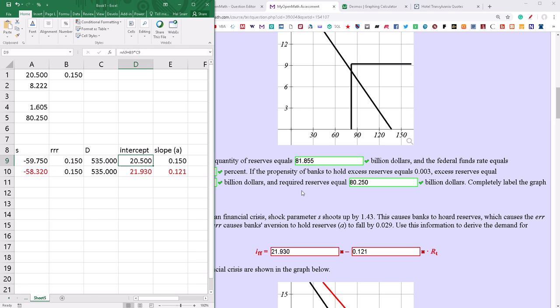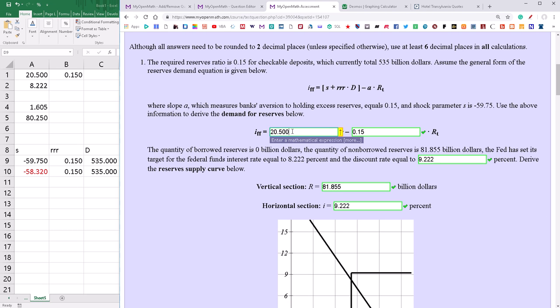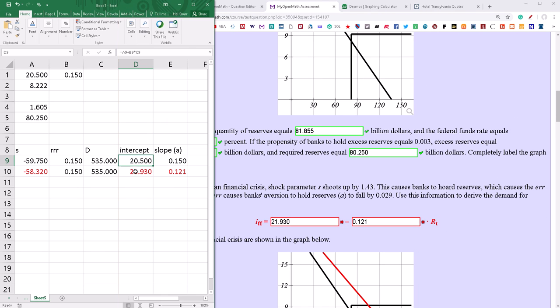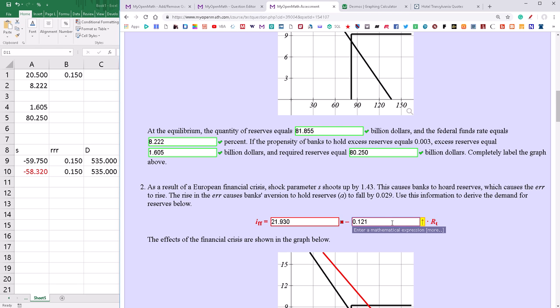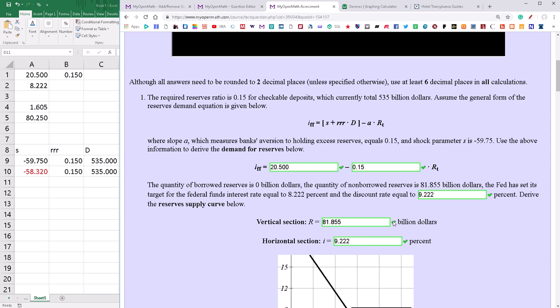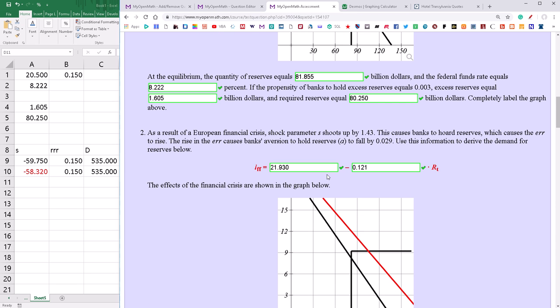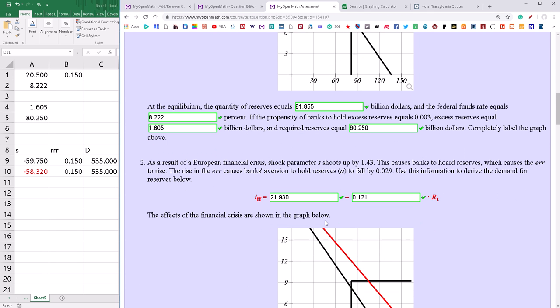So the original intercept is 20.50, right? The new intercept, with this new shock parameter, is 21.930. So let's go ahead and hit enter. And we got everything right. So if you imagine, the intercept for the black line is probably about here.